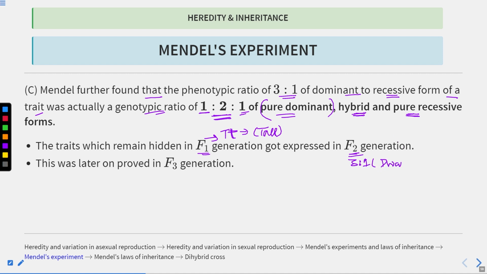So the recessive character appeared in the F2 generation, and 3 were tall. That is the meaning of this line: the traits which were hidden in the F1 generation got expressed in the F2 generation when we got the ratio of 3:1. Now this was later on proved in the F3 generation also.